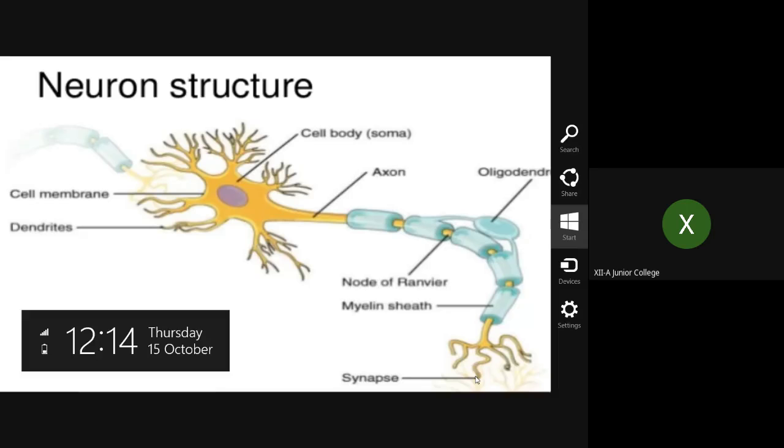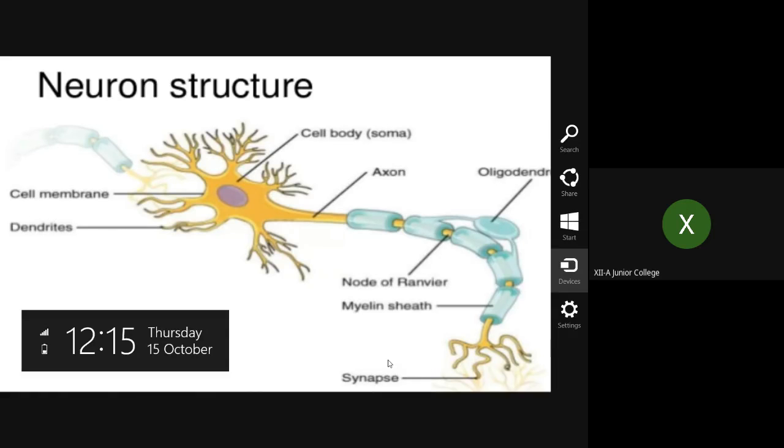Pairing. Pairing of what? Pairing with the dendrites of another neighboring cyton, or you can say neuron. So at this point, pairing of the telodendrites of this neuron takes place with the dendrites of another neuron, and that point is called synapse or synaptic complex, or synapses.